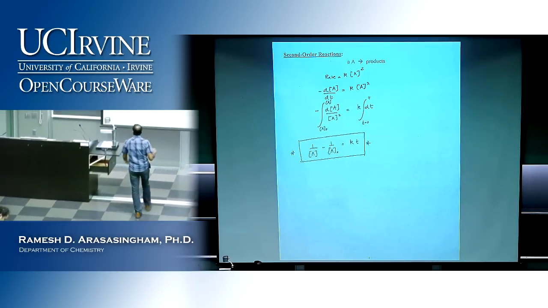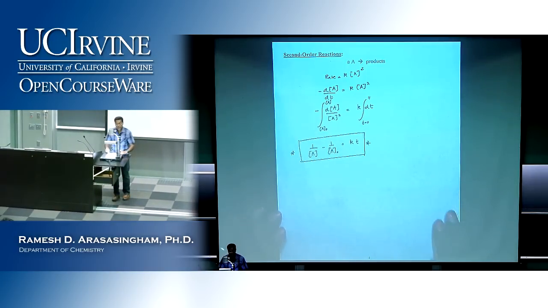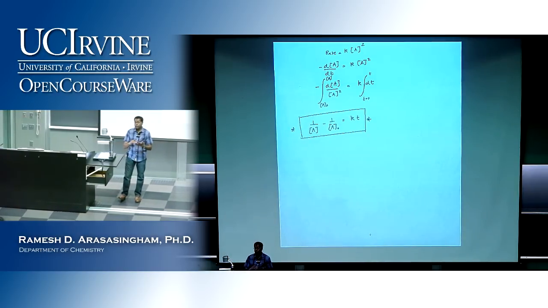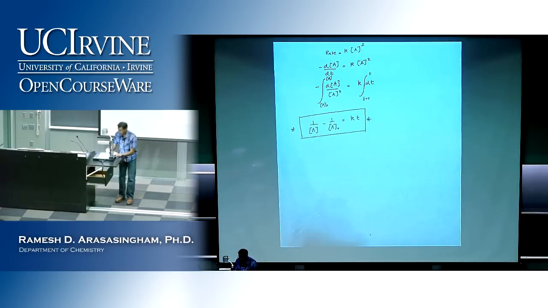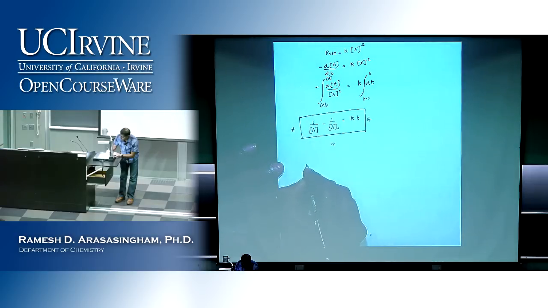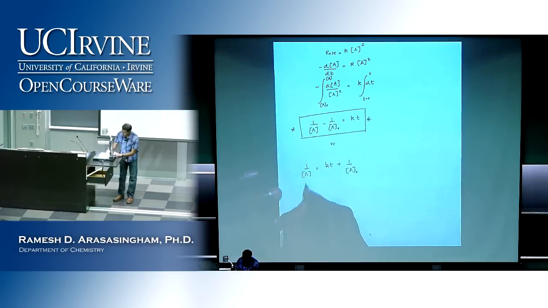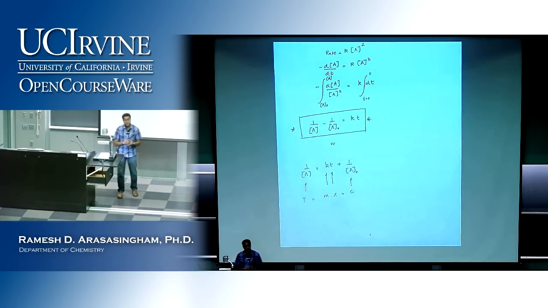Okay? Now, if I want to rearrange this so that I get it in the form of y equals mx plus c, in other words, to figure out what form of this equation will give me a straight line graph, I can say now that 1 over A equals Kt plus 1 over A0. So I'm just going to take this term over there. So now this will turn out to be the y-axis. Now you can see that k is the slope, time is the x-axis, plus c gives me the intercept.